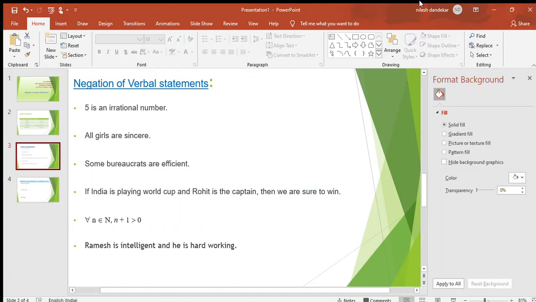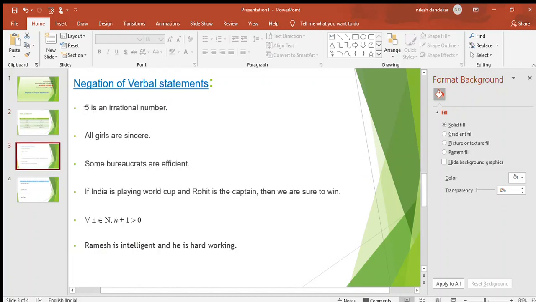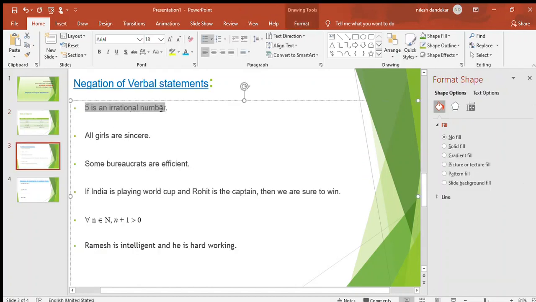Negation of verbal statements. 5 is an irrational number. It is a simple straight statement. So if the statement is single, just do its opposite.